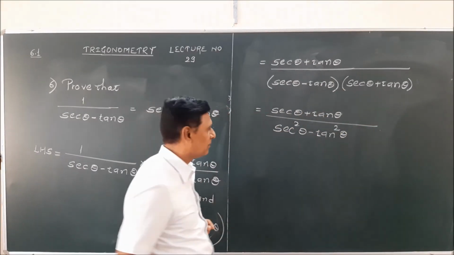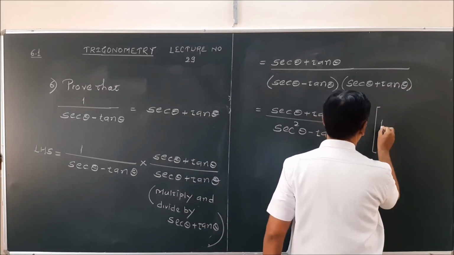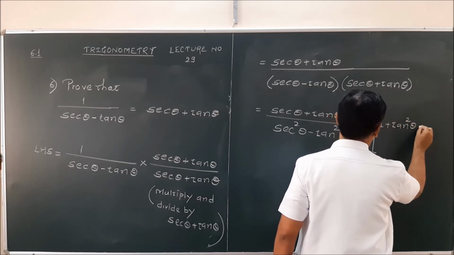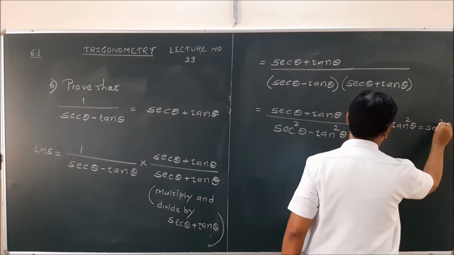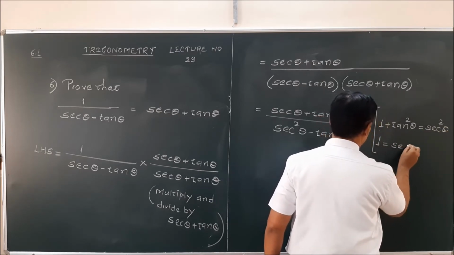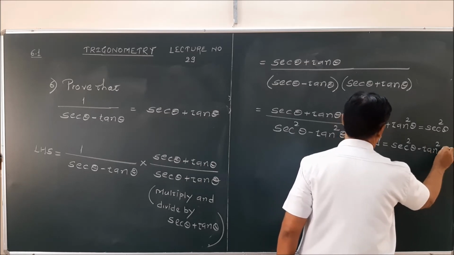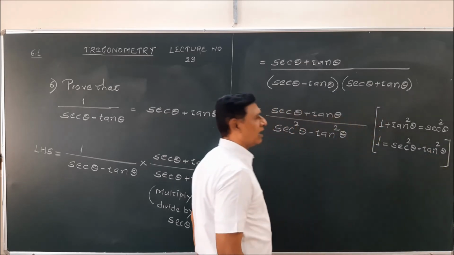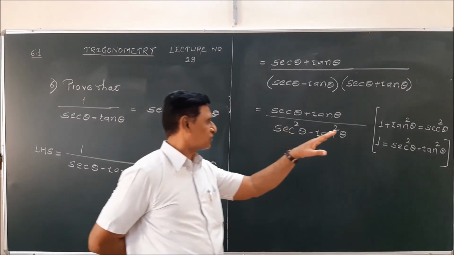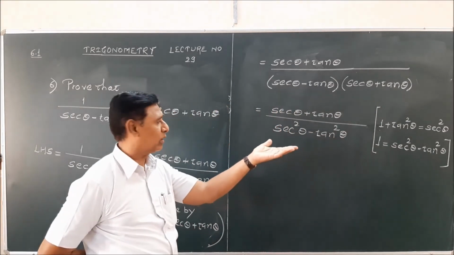Now identity. We know the identity well. 1 plus tan square theta is equal to sec square theta. Same as to say 1 is equal to sec square theta minus tan square theta.